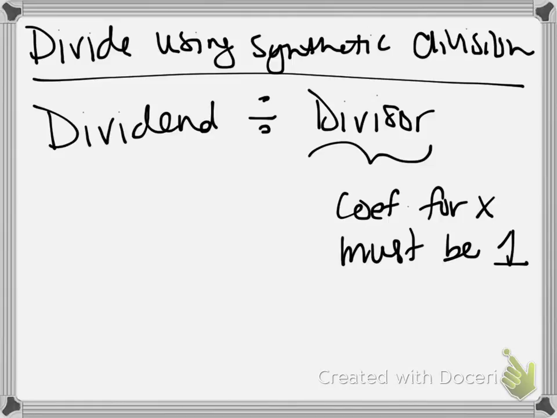I said in the notes yesterday that you can use long division if that coefficient is something other than 1. So if you ever have a divisor where the coefficient of x is 4 or 2 or whatever, you must use long division. But if the coefficient is 1, you can use synthetic division.